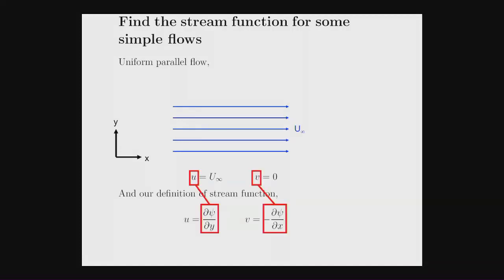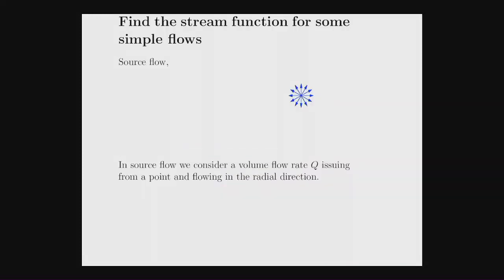Previously we have looked at our uniform parallel flows, but now we want to introduce a source and a sink, which I guess is more relevant to our smoker's problem. So the definition of a source is where we have some radial velocity going out from a point.